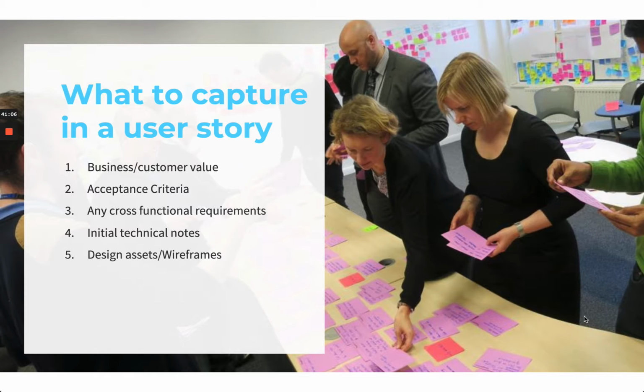The first thing, the absolute must-have, is to add the business or customer value to your story. Whoever gets the benefit, whatever value you deliver, you have to mention it very clearly in the story. So when someone opens that story and reads the first sentence about the value, they should understand why we are doing this story in the first place.